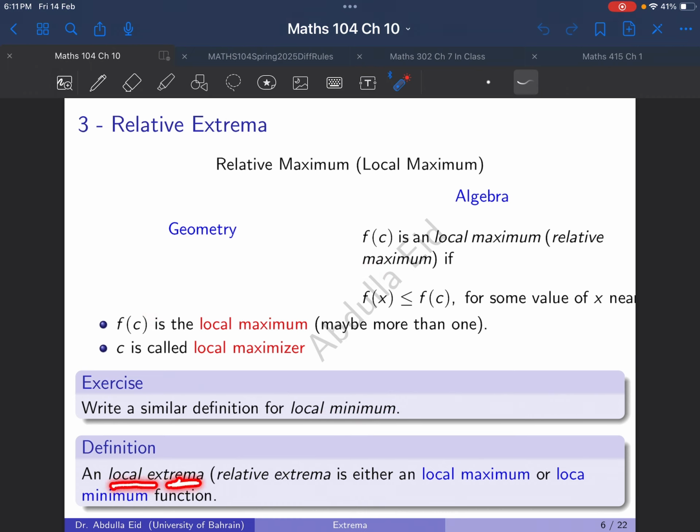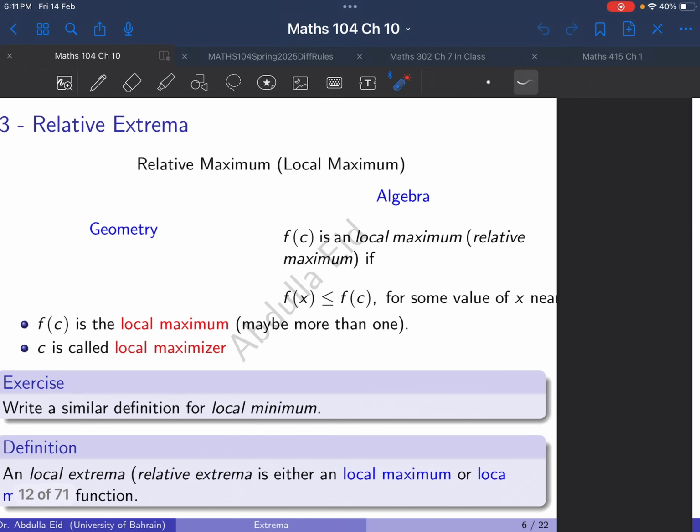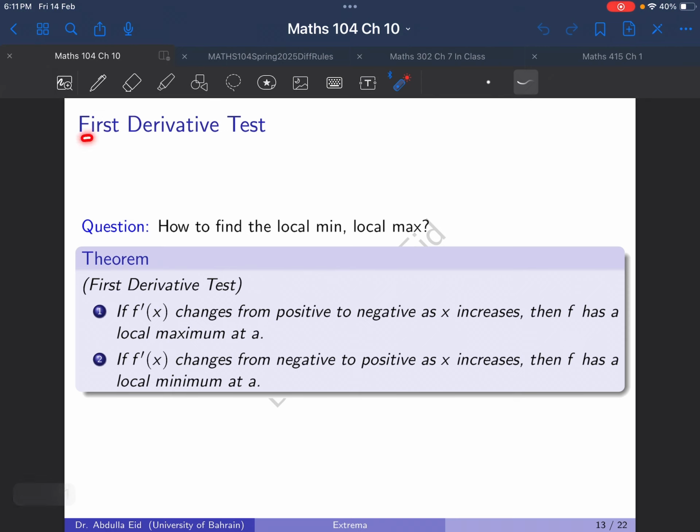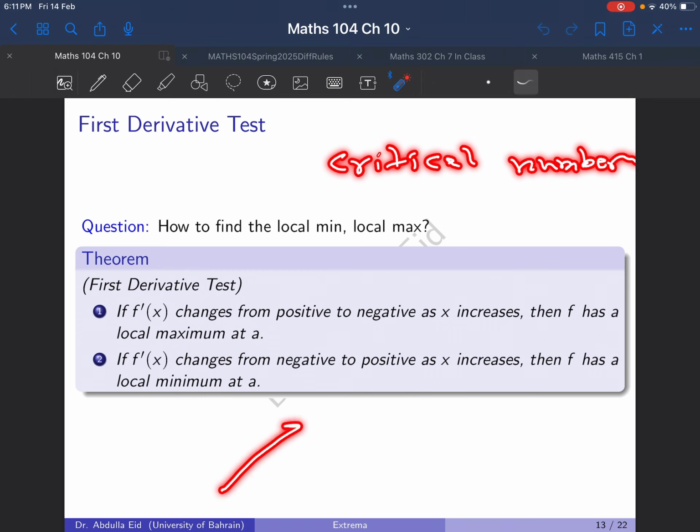Now, the question is, how do we find a maximum or minimum? And the answer is very simple. The answer is in something we call the first derivative test. What is the first derivative test? It says that we need to find the critical numbers first of all, those are the candidates for maximum and minimum. And then we look at the function. If the function goes up and then down, which means it is increasing and then becomes decreasing, this is a maximum.